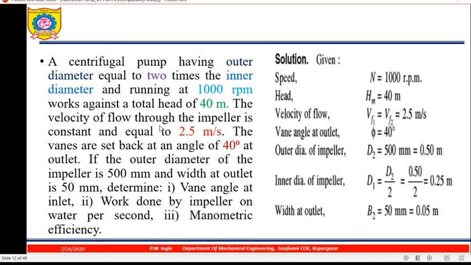The velocity of flow through the impeller is constant and is equal to 2.5 meter per second. The vanes are set back at an angle of 40 degrees at outlet. The outer diameter of the impeller is 500 mm and the width at outlet is 50 mm, B2 is 0.05, D2 is 0.50. Calculate the vane angle at inlet, work done and manometric efficiency.